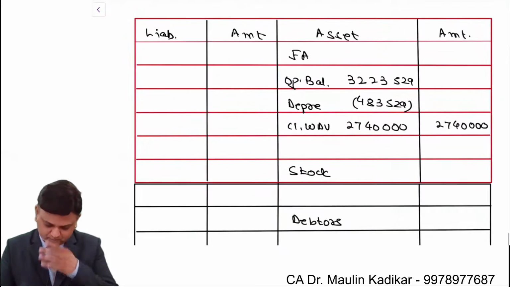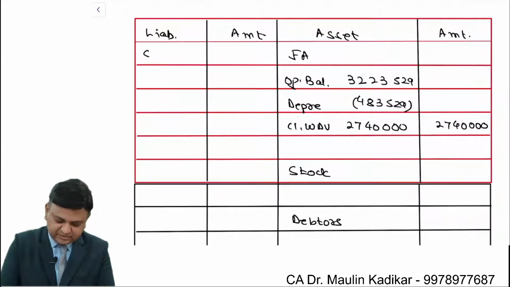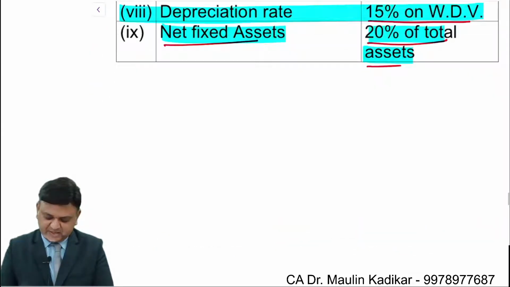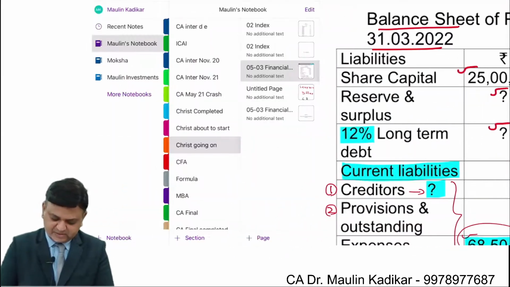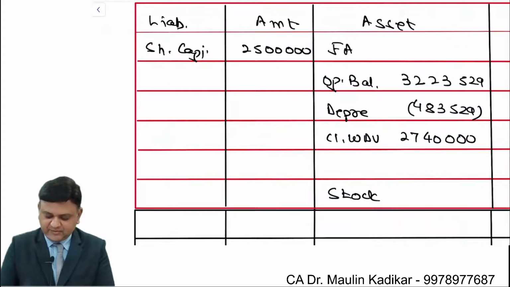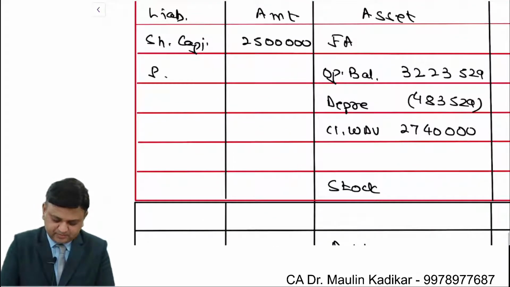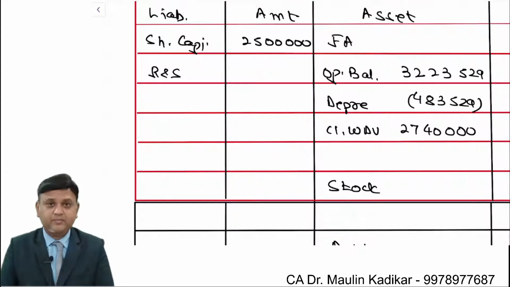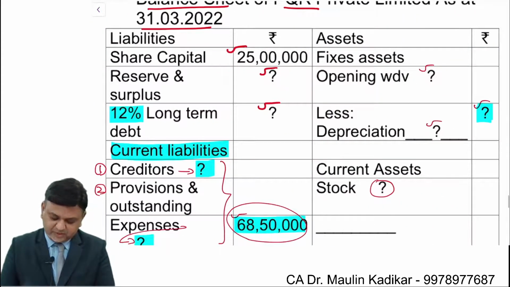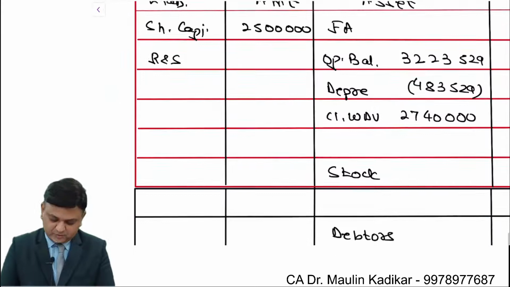Okay. On the liability side, we have share capital. The amount of the share capital that we have is 25 lakhs. Then we have the reserves and surplus that we do not know. 12% long-term loan, again that we do not know.